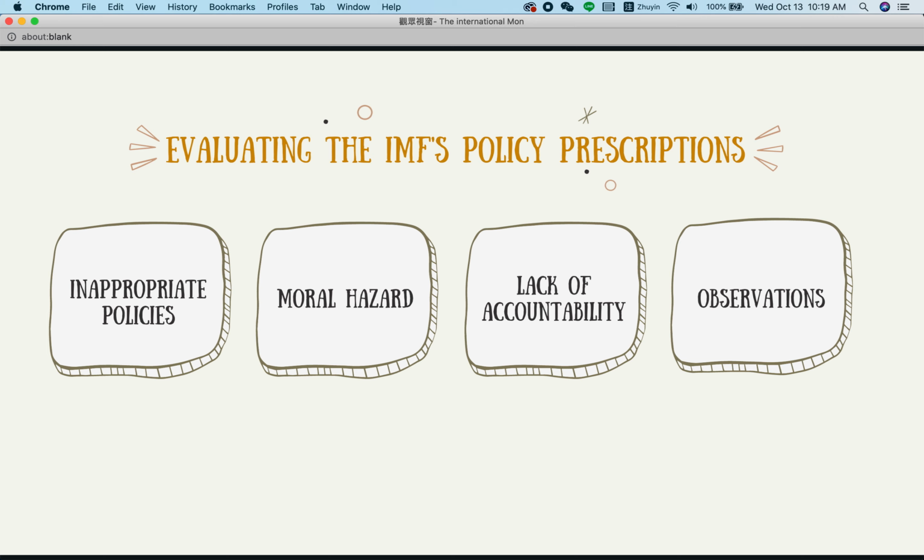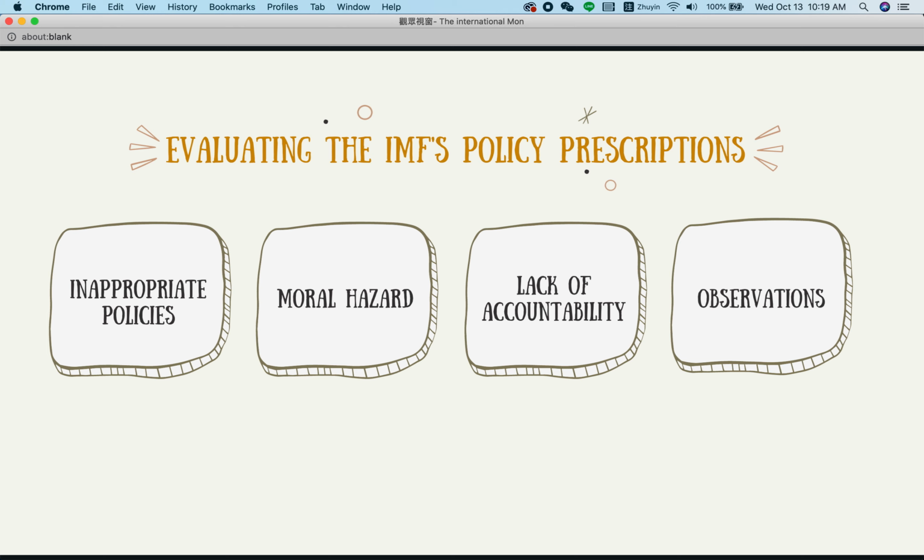And the final criticism of the IMF is that it is an institution that lacks the real mechanism to have in place accountability.